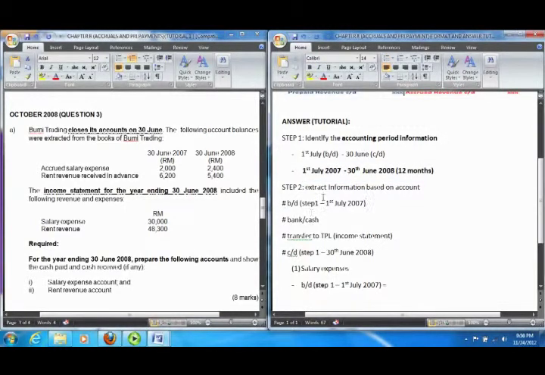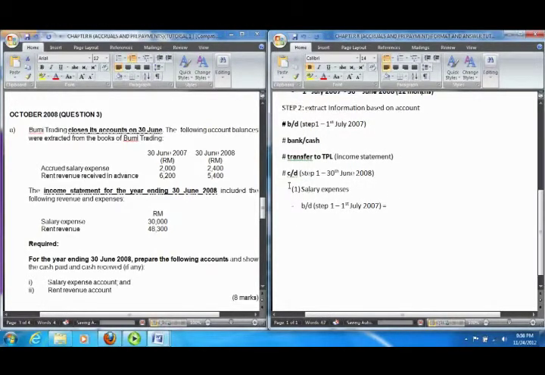You need your BD, you need the payment or receipt in the particular accounting period, and last, you need to record the amount you transfer to your income statement and the amount of your CD.